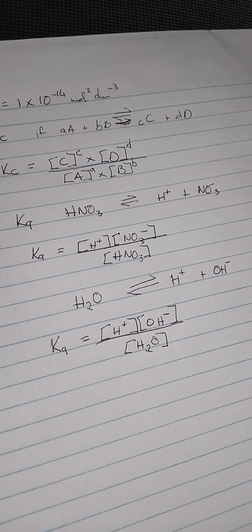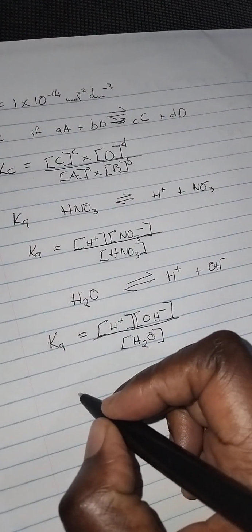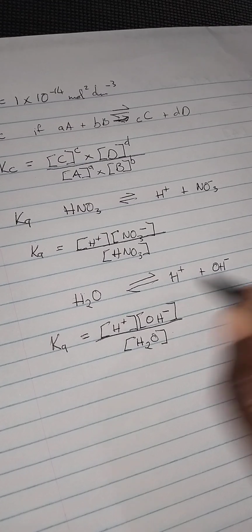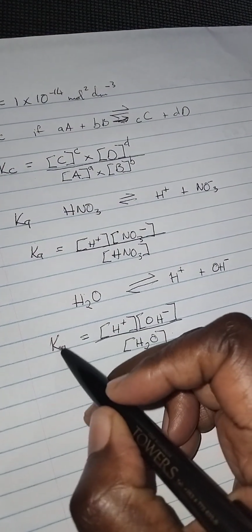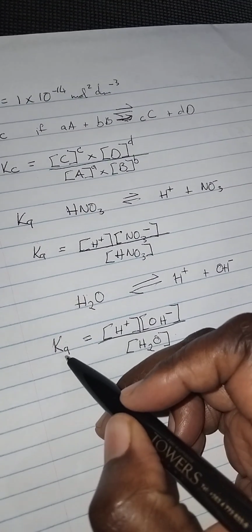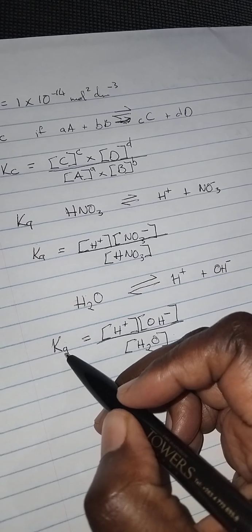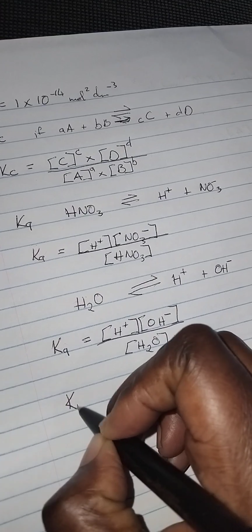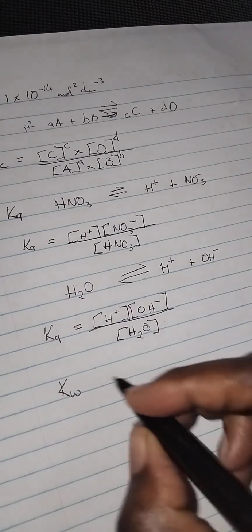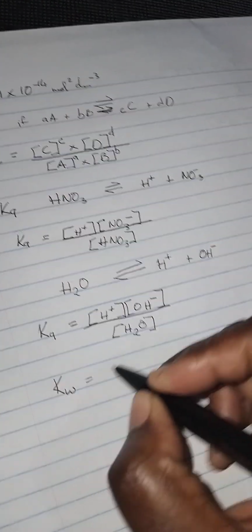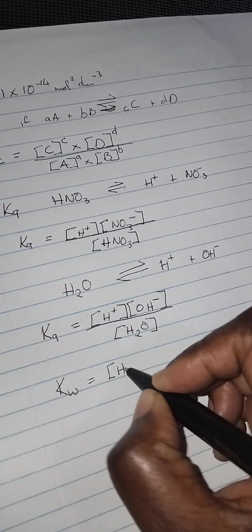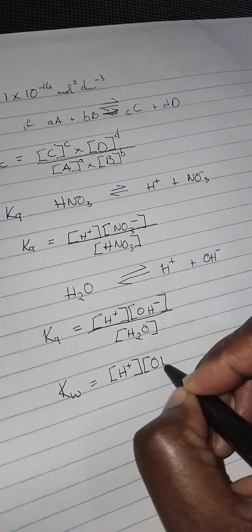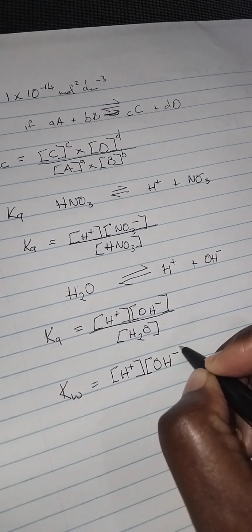So we essentially just take it out. But if we remove water, we can't exactly call it an acid type of situation. So we call it just the dissociation of water, which is the concentration of H plus multiplied by the concentration of hydroxide.